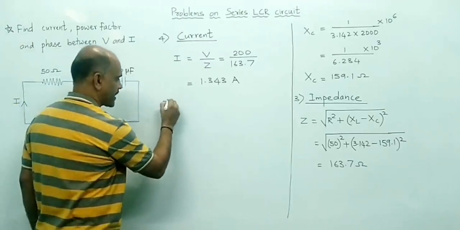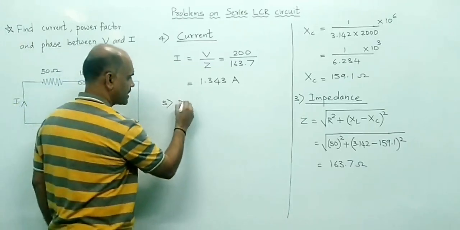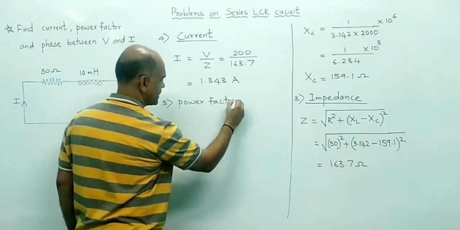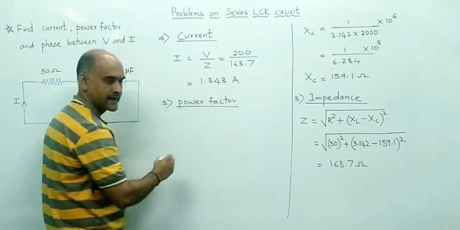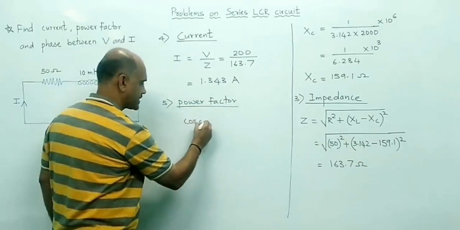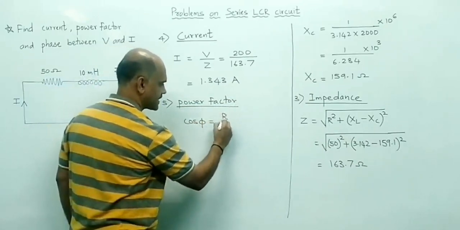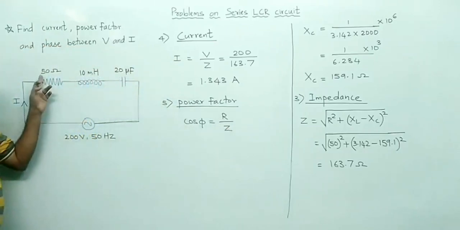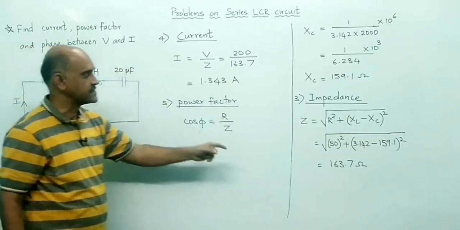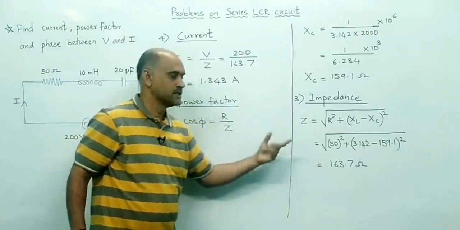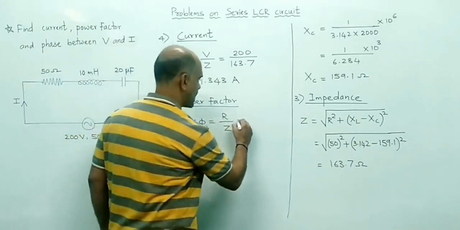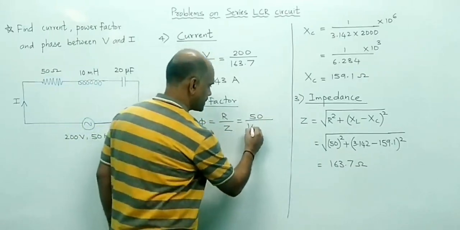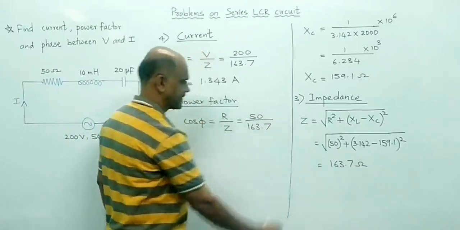Next, power factor. Power factor is given by cos phi, and is given by R by Z. So R we know is 50, Z we have found. If I substitute, R is 50 divided by Z is 163.7.